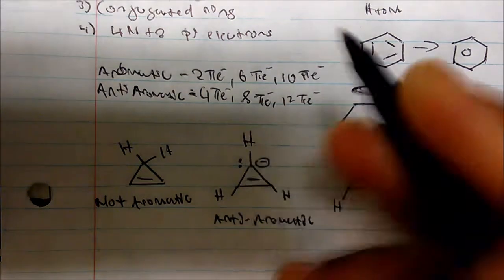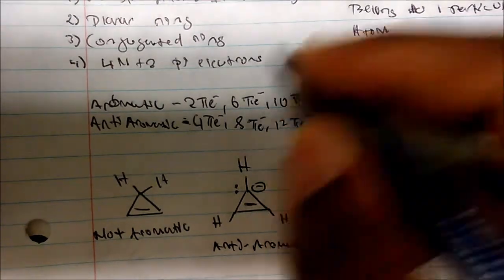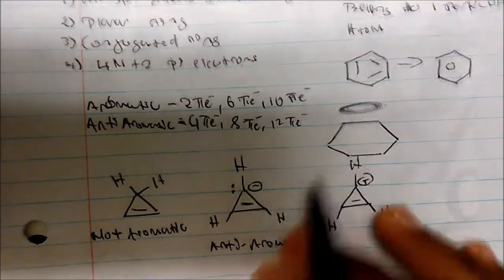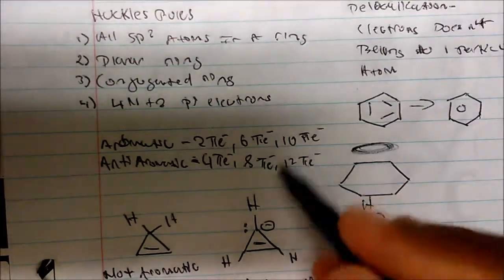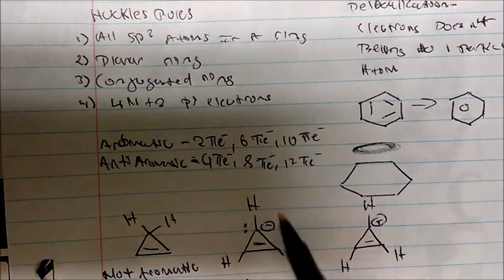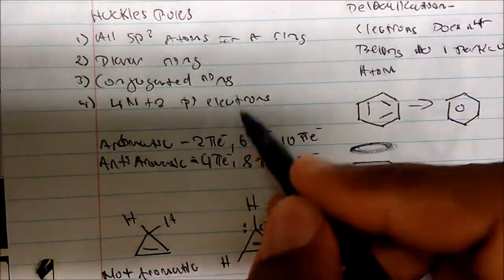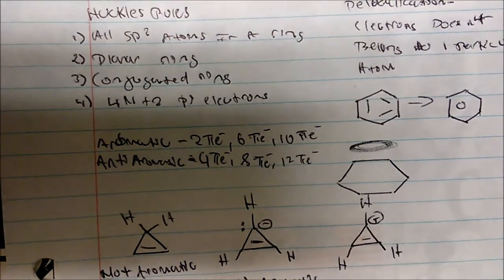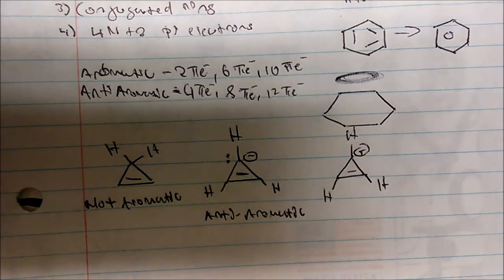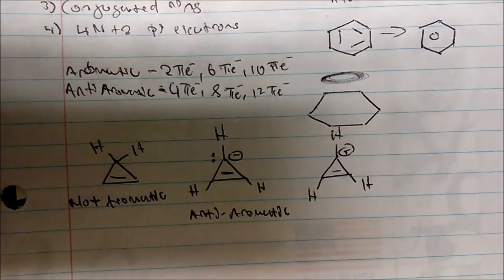That's the only rule it breaks, because once we fling this into the ring, my carbon is now sp2 hybridized. I'm conjugated. I'm flat, because flat implies that all my carbons are sp2, which is what planar ring means. It's conjugated. The only rule that it breaks is this. Okay, so that's the difference with anti-aromatic. That's very important.